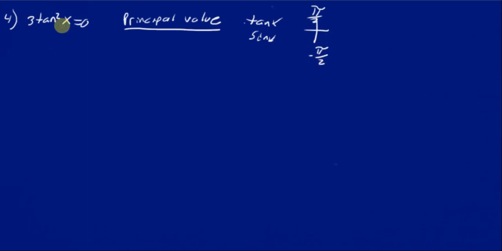So solving this for x, we're going to divide both sides by 3, giving me the tangent squared of x is equal to 0. And if I take the square root of both sides, I get the tangent of x is equal to 0, plus or minus, but plus or minus 0 is 0. So x is equal to the inverse tangent of 0. And where is the tangent 0 between pi over 2 and negative pi over 2?